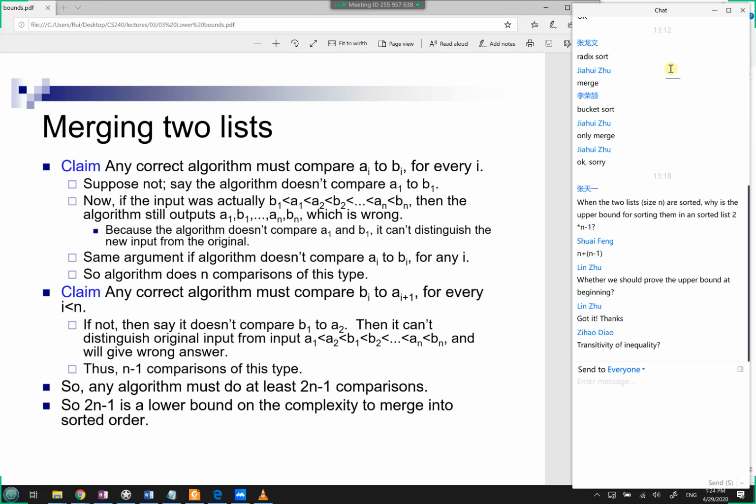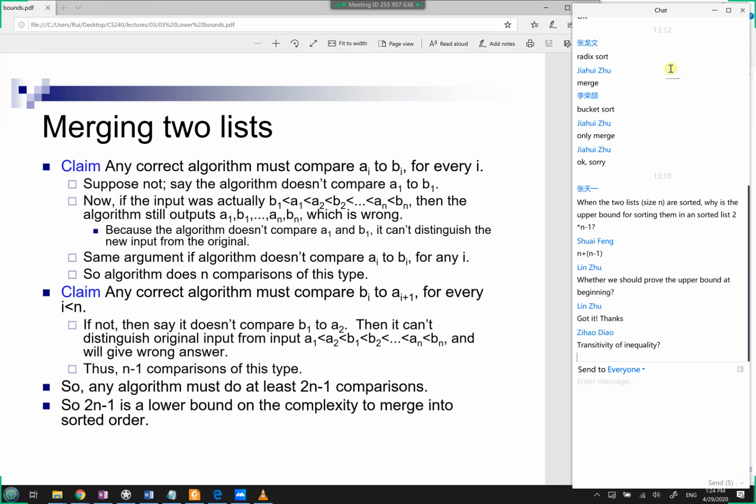Because it's given a sorted input, it knows that A1 is less than A2, and it also knows that B2 is less than B3. So once the algorithm learns that A2 is less than B2, then by transitivity, it also knows that A1 is less than B3. Therefore the algorithm is not going to do that comparison anymore.